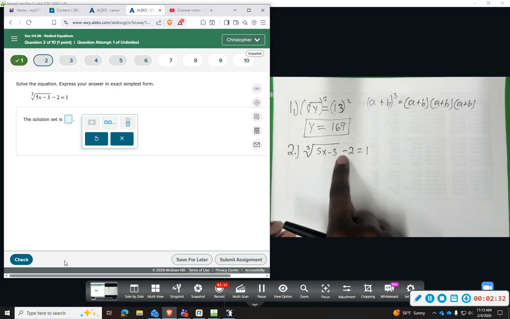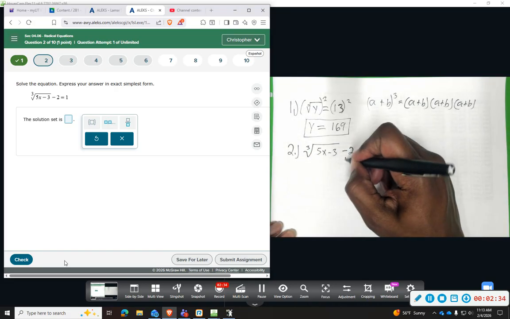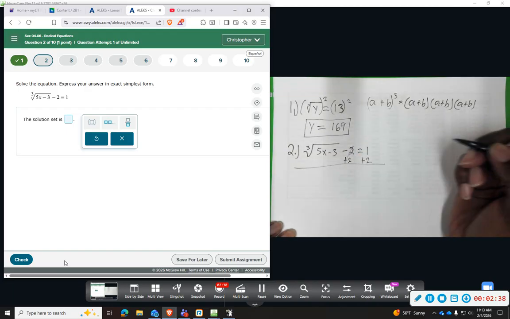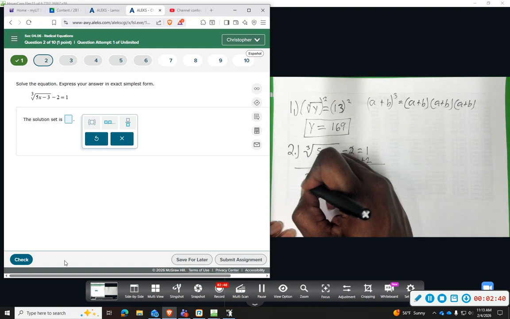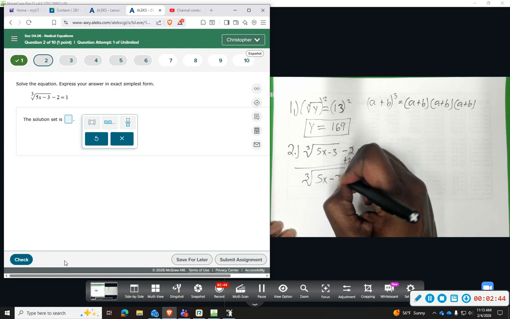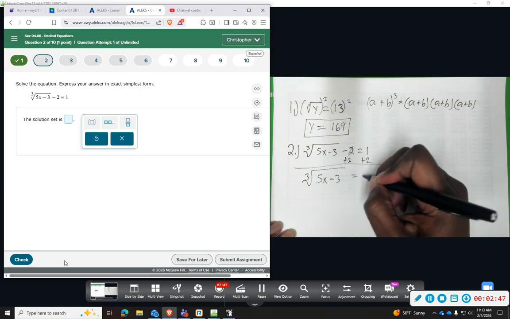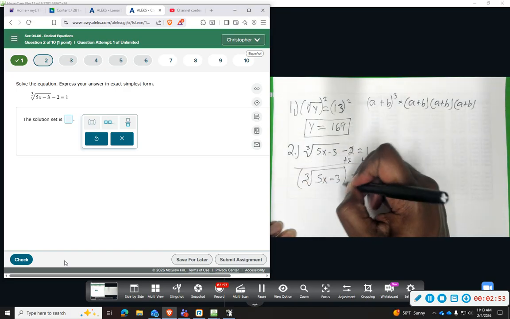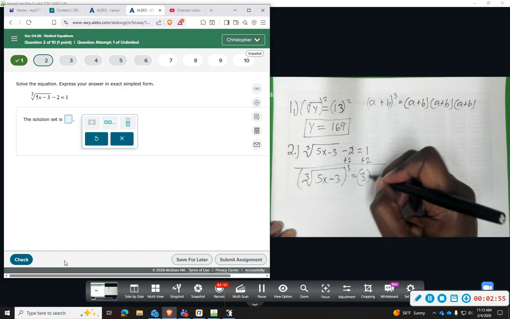So just isolate it. So we're going to add 2, and that's going to cancel, and it's going to leave us with the cube root of 5x minus 3, and 1 plus 2 is equal to 3. Okay, so now that we have the radical by itself, we're going to raise it to the third power to get rid of it.